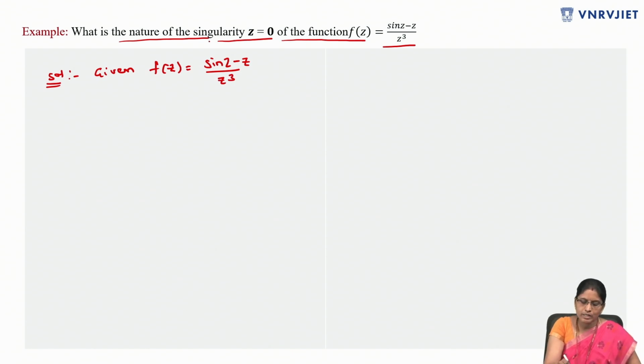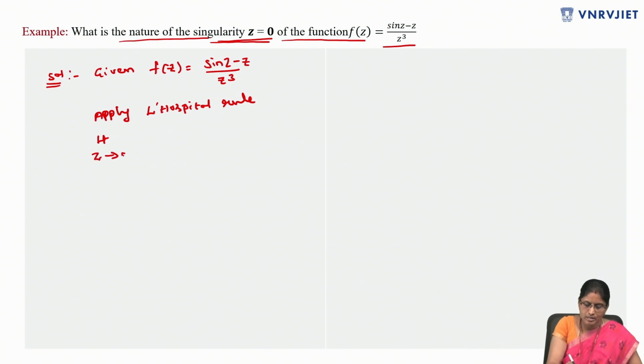We have to find out the nature of singularity at z is equal to 0. Here, to find out the nature of singularity of the function, better we have to apply L'Hospital rule.